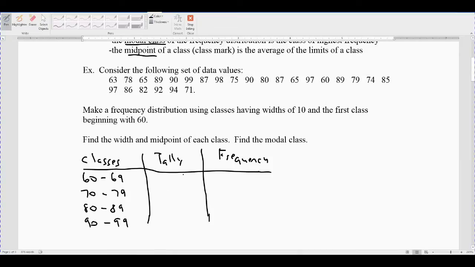Now this tally column isn't really necessary, but I like it because it's a record keeping column. Here's what I mean. It starts at 63. Mark it off, because that goes in the 60s class. 78 goes in the 70s class. So we're just marking tallies. 65 goes in the 60s class again, so now I have 2 tallies.